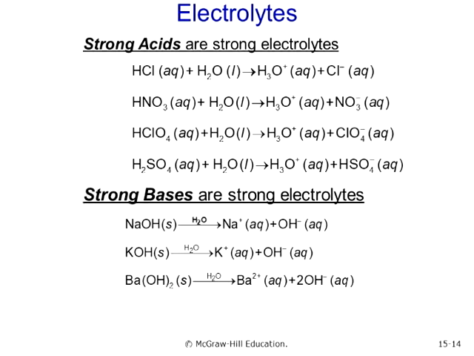So let me show you some examples of all three. We show you here some strong electrolytes. First set are acids. Strong acids are strong electrolytes. That's the rule. If you know it's a strong acid, and there are tables of strong acids, you will learn more about acid-base chemistry in other chemistry courses. But if you know it's a strong acid, assume it's a strong electrolyte.